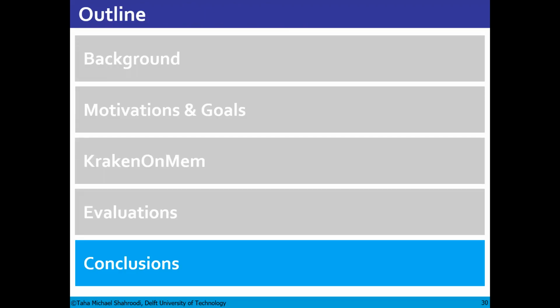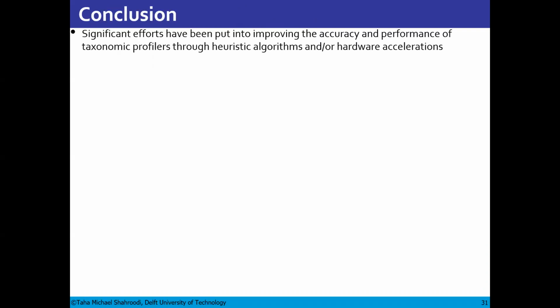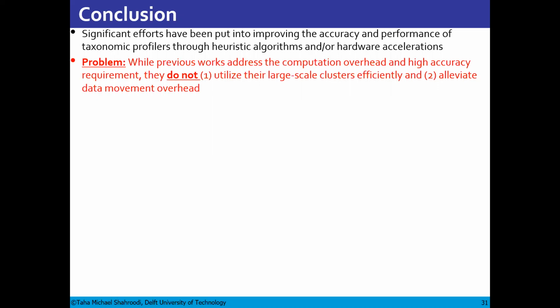Now, let me conclude by giving a summary. There has been a significant effort into improving profiling performance through efficient heuristics and hardware accelerators. While these approaches address the computational overhead and high accuracy requirements of profilers, none of them utilize their hardware infrastructure efficiently or alleviate the data movement overhead.